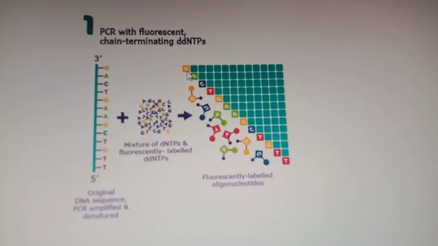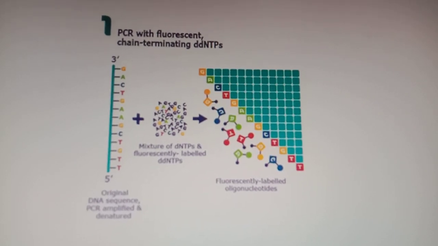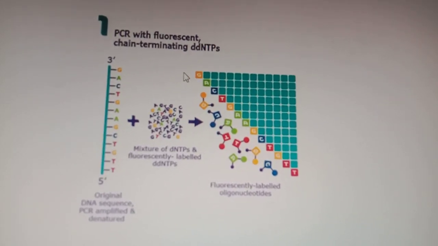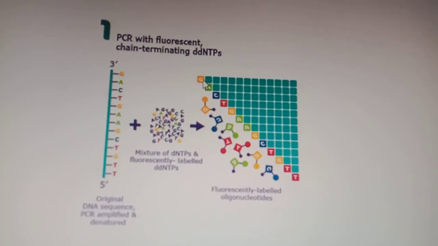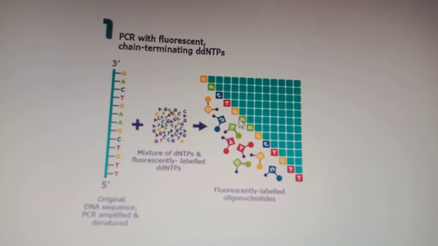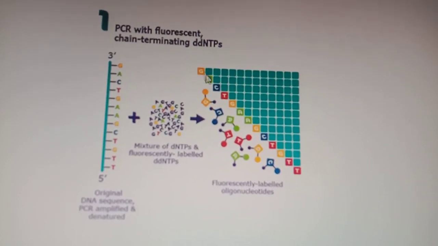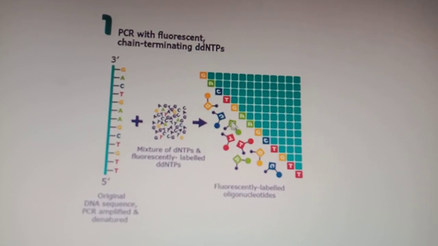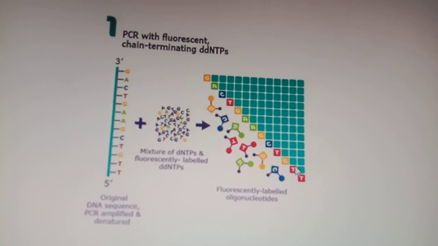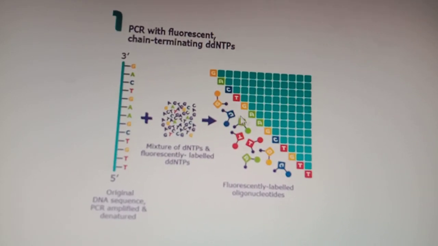So wherever it is incorporated, the chain termination will stop here, and the extension of the chain will stop wherever it comes across a dideoxynucleotide. These dideoxynucleotides are fluorescently labeled, so you can see the fluorescent signal of these molecules.